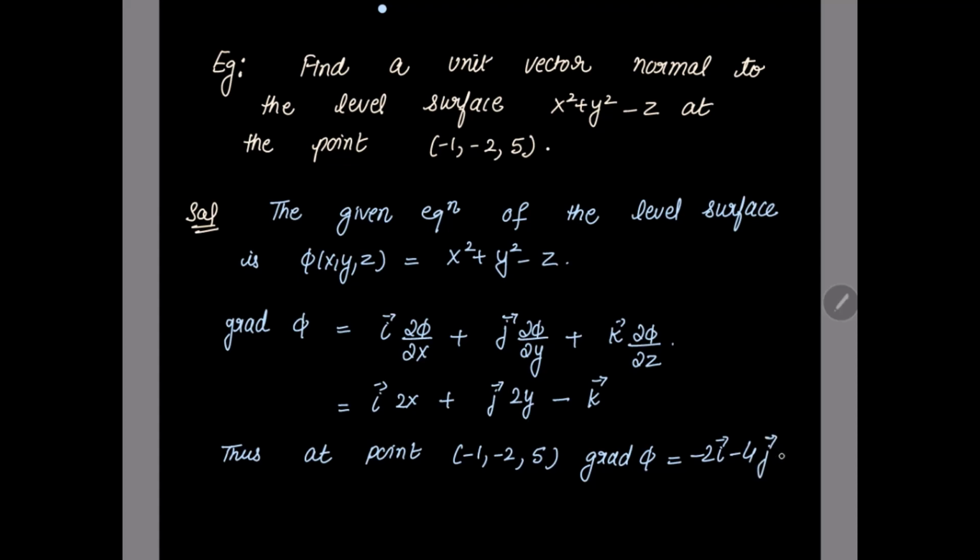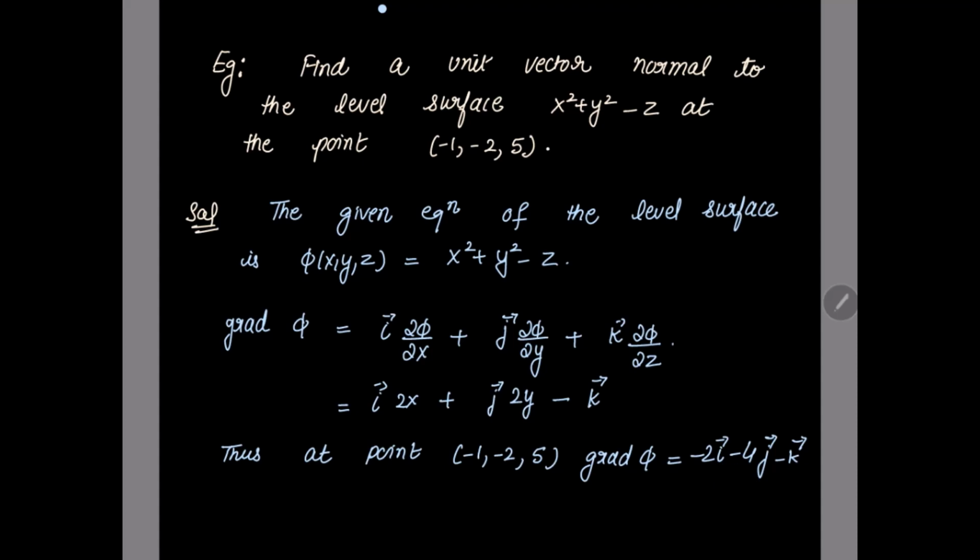And then this will be -k only, there is no z over here. So at this point, I'm having grad phi as -2i -4j -k, right?